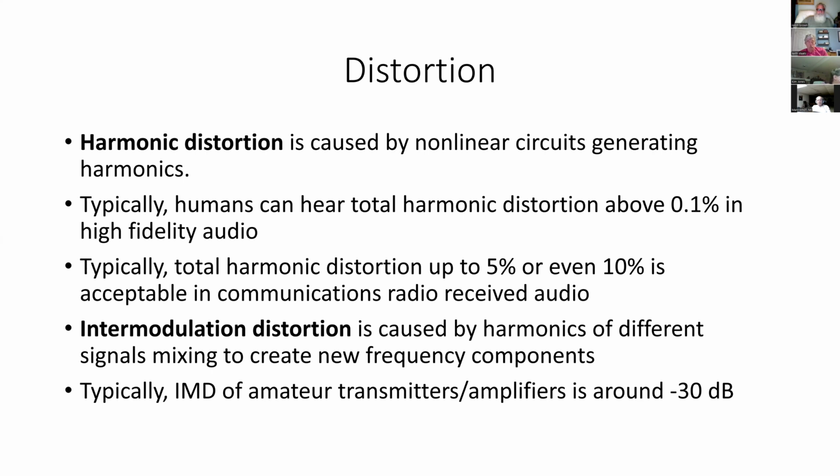The FCC likes the intermodulation distortion to be as low as possible because IMD means that components of the signal occupy a broader spectrum.